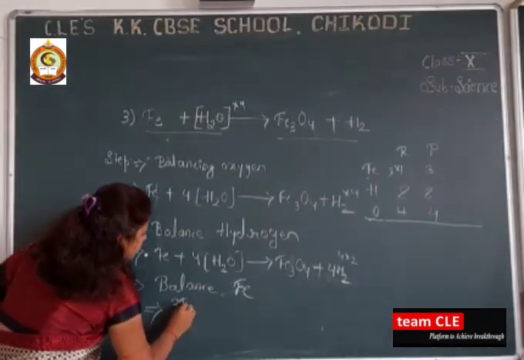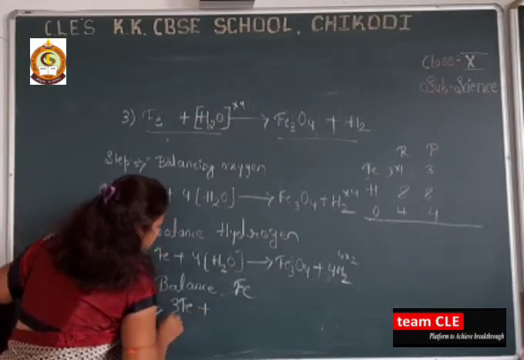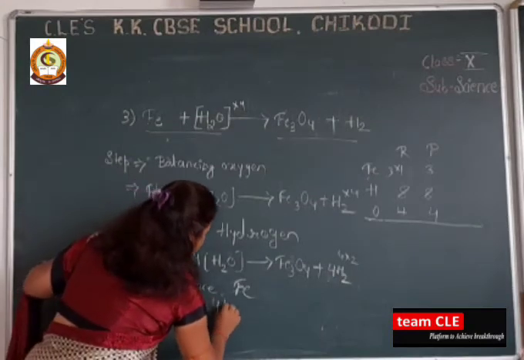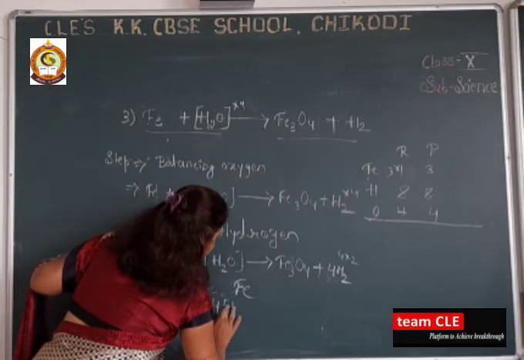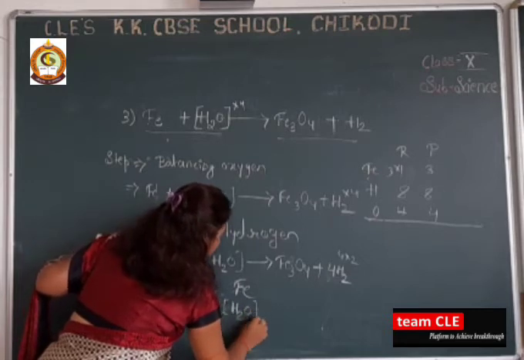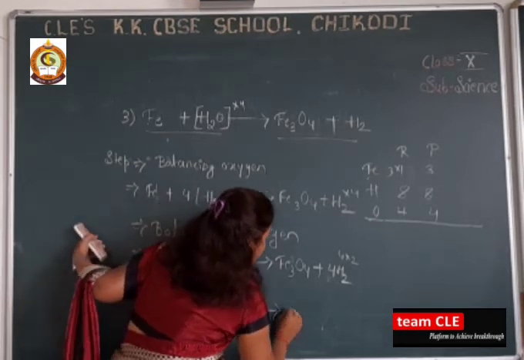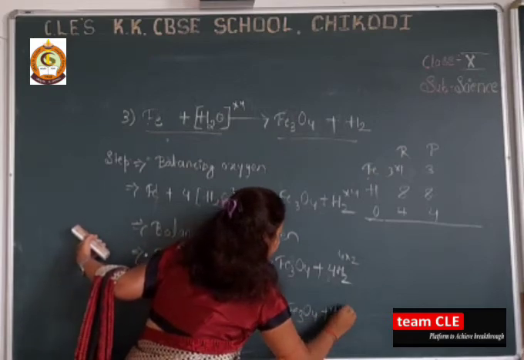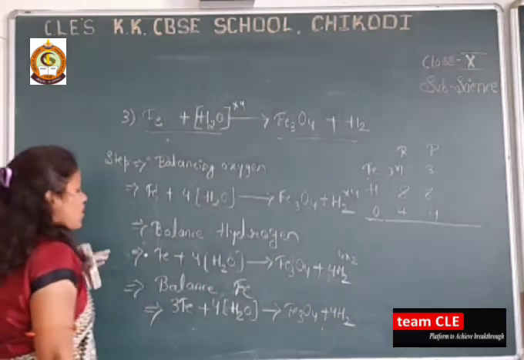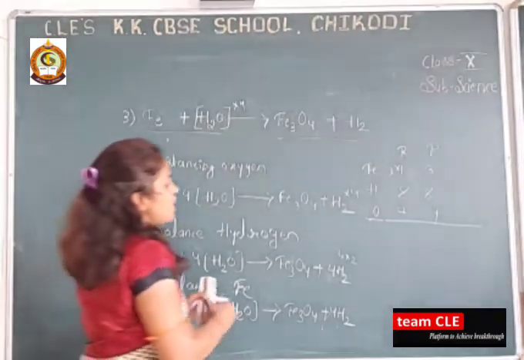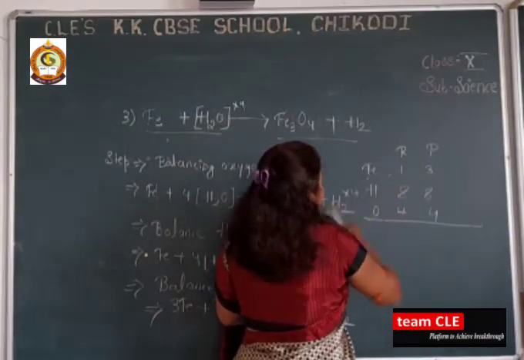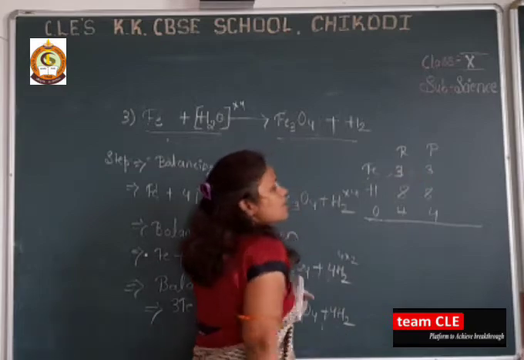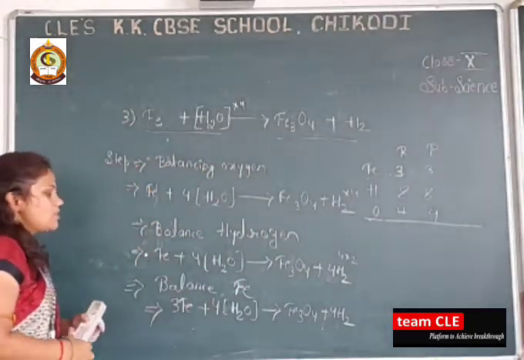After writing 3Fe plus 4H2O gives Fe3O4 plus 4H2. So now our chemical equation is balanced. Yes, our chemical equation is balanced.